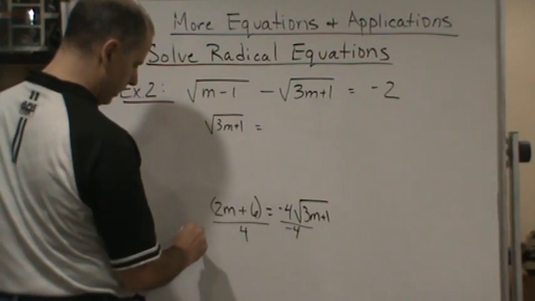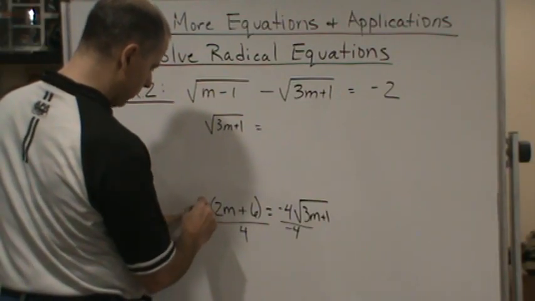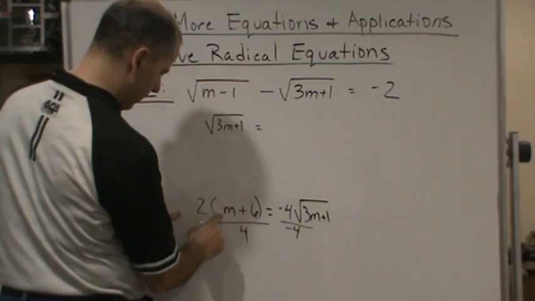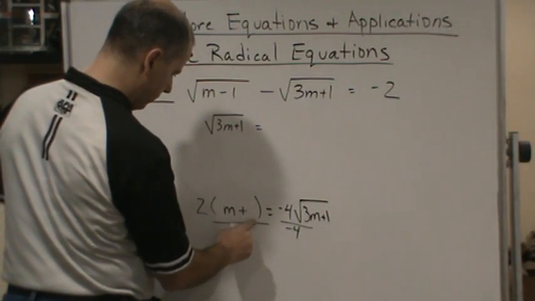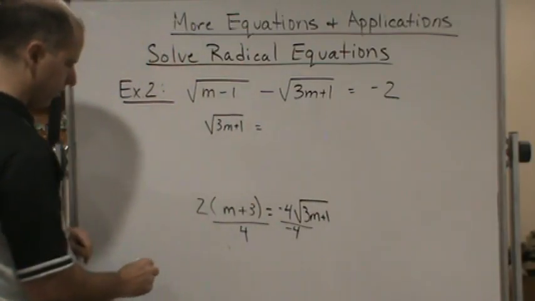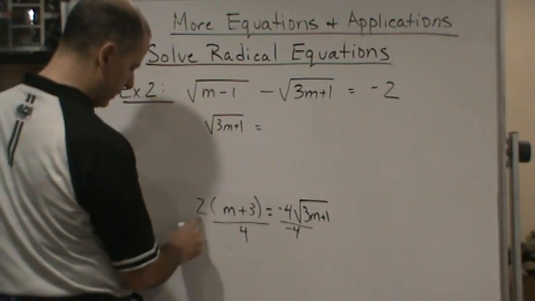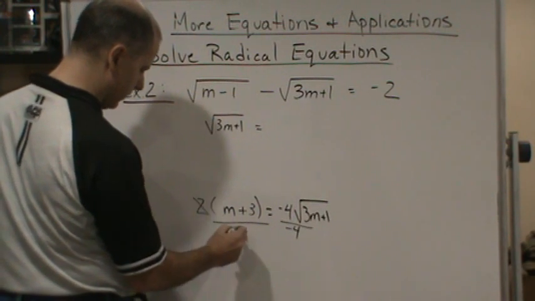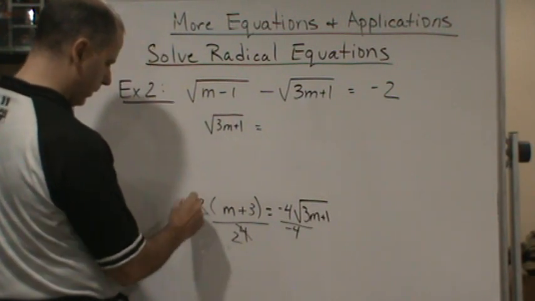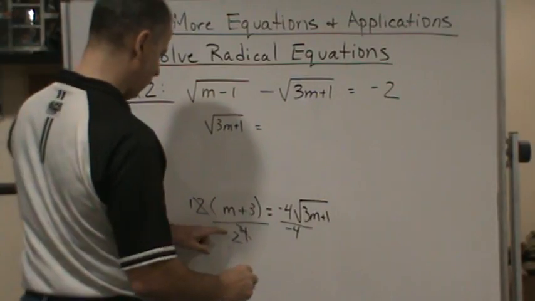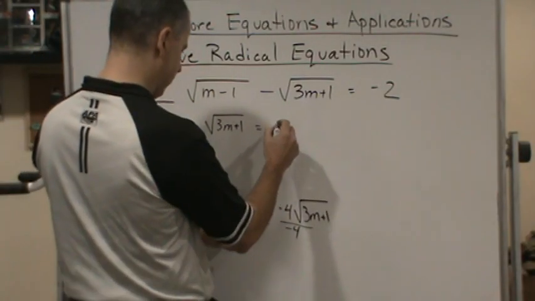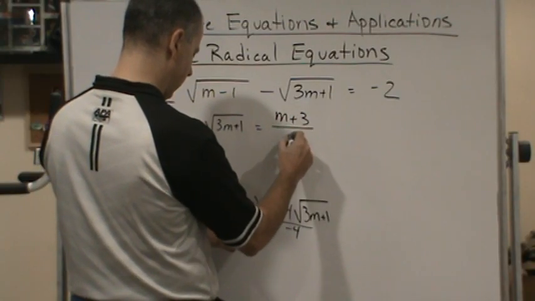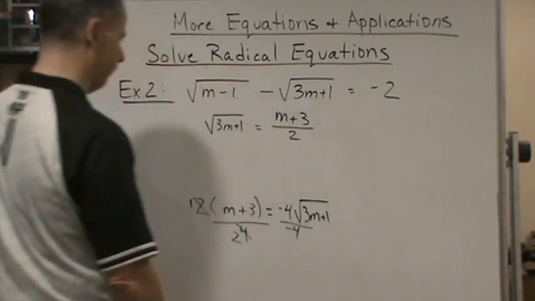And so if I factor out a 2, that's going to leave me with m plus 3. And then I can simplify this, right? 2 goes into 4 twice. So I get 1/2. So what I'm going to end up with, if I simplify it, is m plus 3 all over 2.